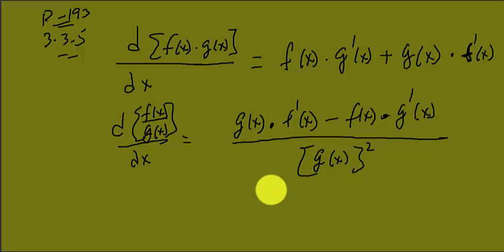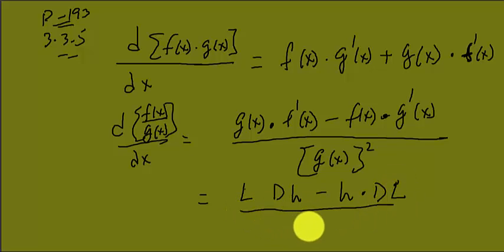And some people like cute little rules. It's like low, and the derivative of the high, meaning on the top, minus high times the derivative of the low, and then bottom squared.